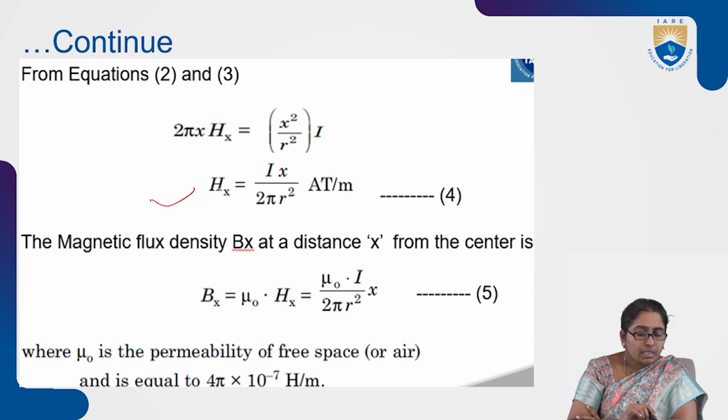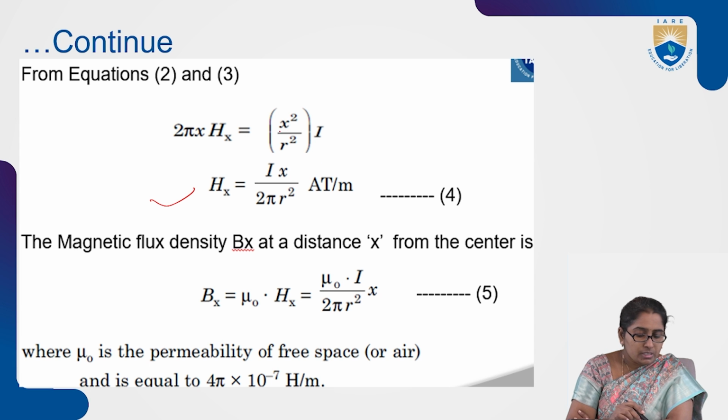The magnetic field intensity on the surface of the cylinder, especially at the point x, where x is the radius of the cylinder, or it is at a distance of x meters from the center of the conductor, is given by capital I by 2 pi r square into x.